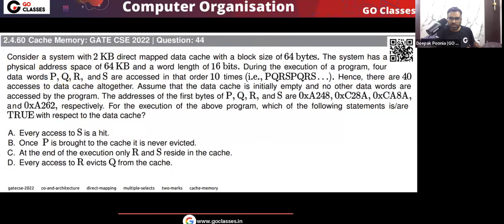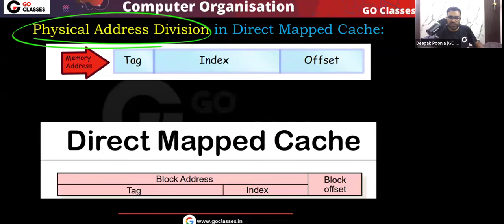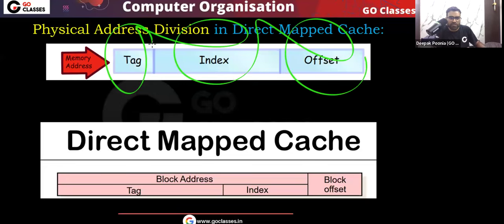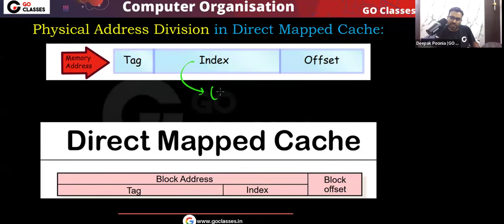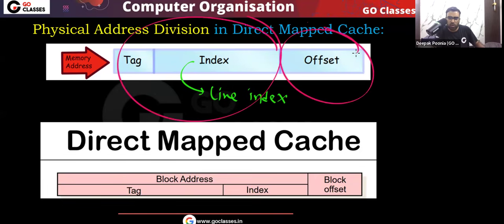Also, let me tell you that because this is a direct mapped cache, the physical address, the memory address, we can divide into three parts: tag, index, and offset. In a direct mapped cache, index means line index. In a set associative cache, index means set index. Also remember, in any type of cache memory, the main memory address you can divide into two parts: block address and block offset.